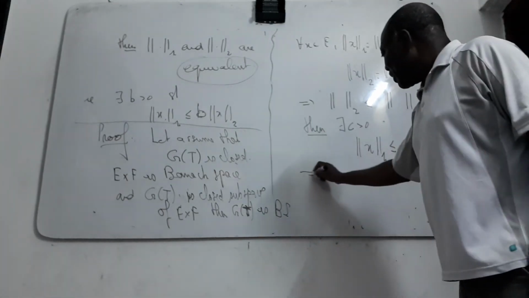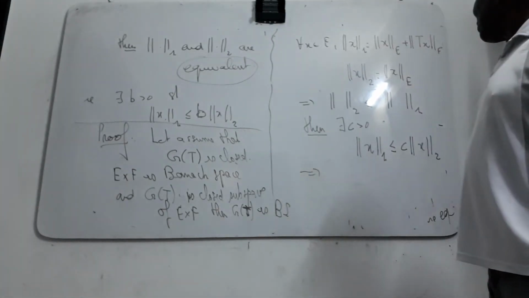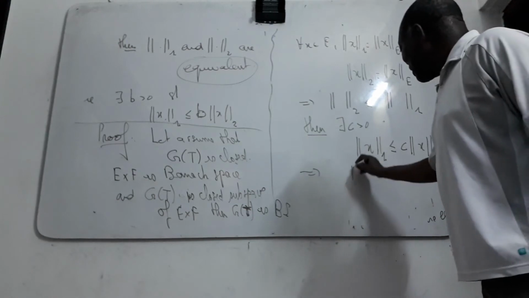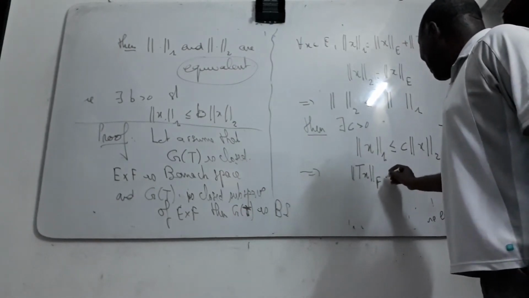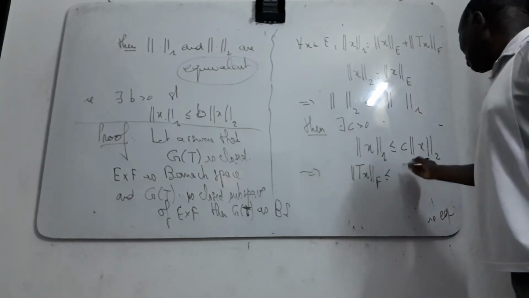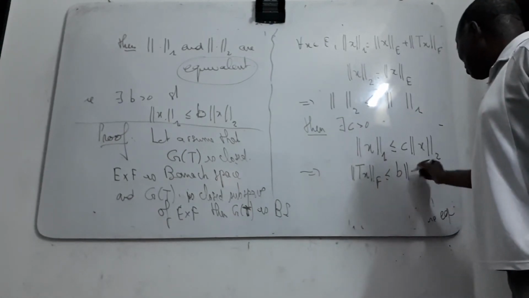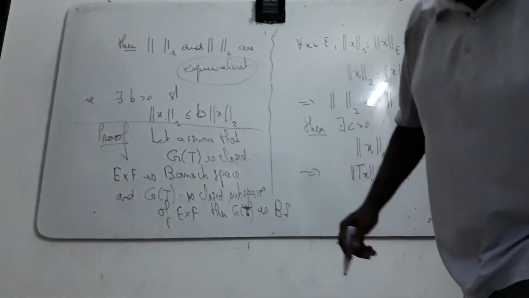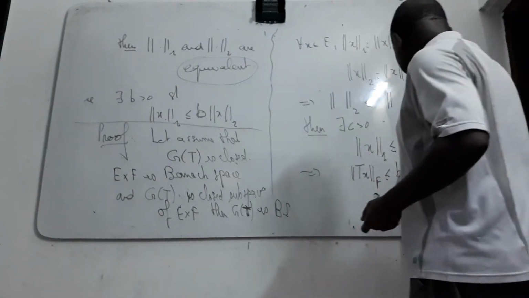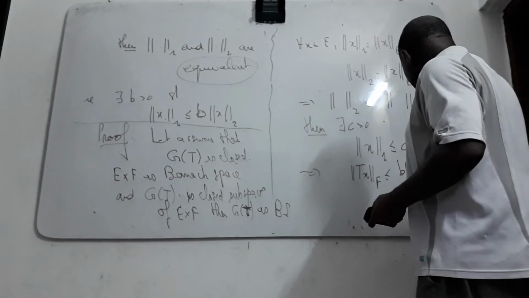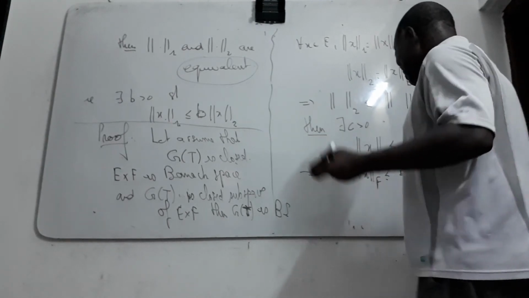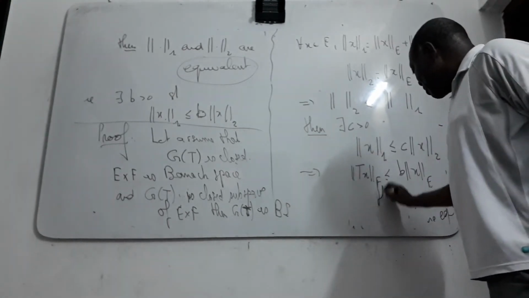And this implies that you have this condition: the norm of Tx in F is less than some B times the norm of this one, then T is continuous.